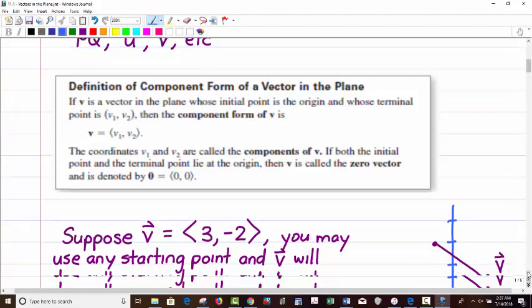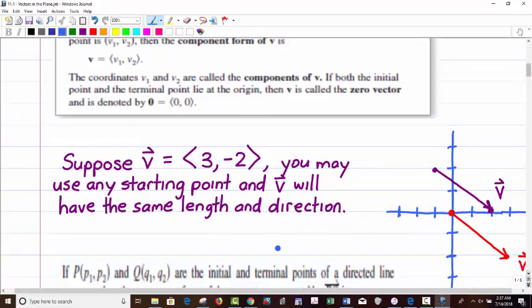All right, now let's suppose we have this example of a vector 3 comma negative 2. Like that previous picture about the equivalent vectors, showing they can start and finish anywhere, to plot vector 3, negative 2, you can start at any point.